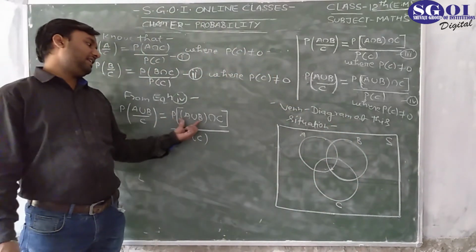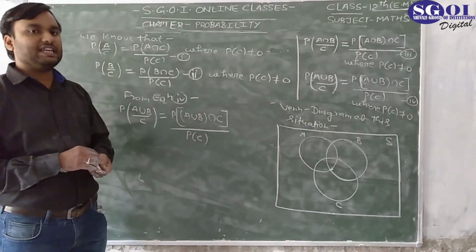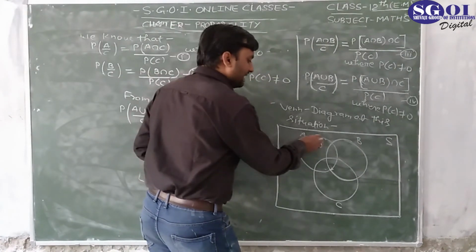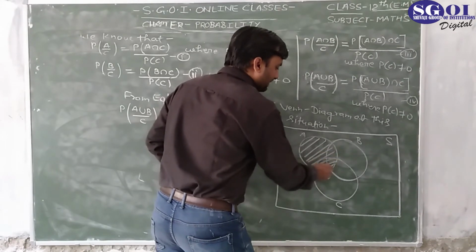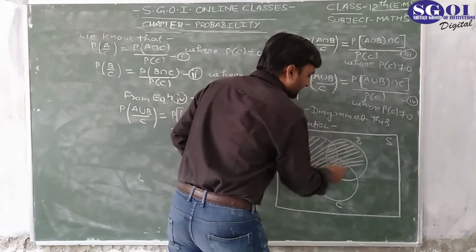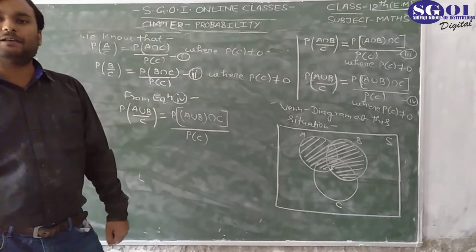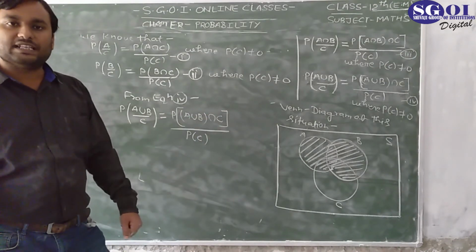So in this portion you can see what is A union B. In sets you can easily understand A union B means portion of A and portion of B. This is the sketch of A union B.